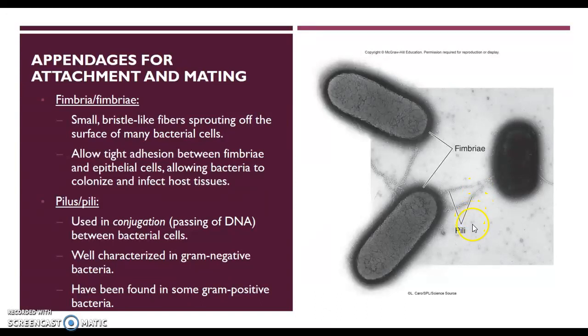Okay, although they have been found in some gram-positive organisms, these are primarily a gram-negative structure. And this allows reproduction or conjugation, the passing of DNA from one organism to another. This is generally how genetic instructions for antibiotic resistance are passed from one gram-negative bacterium to another.